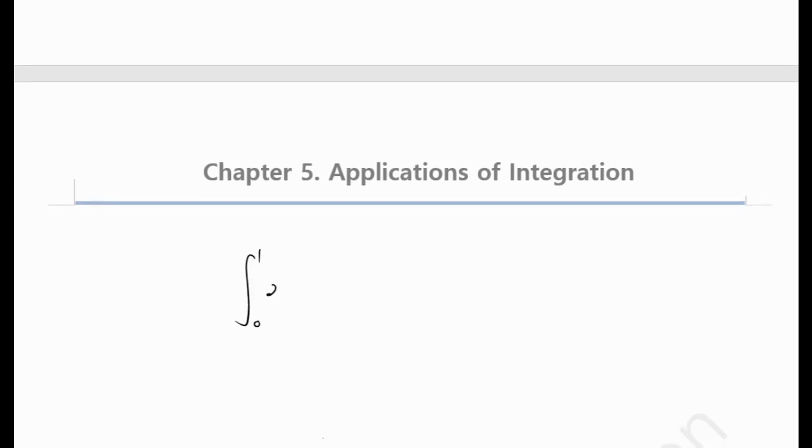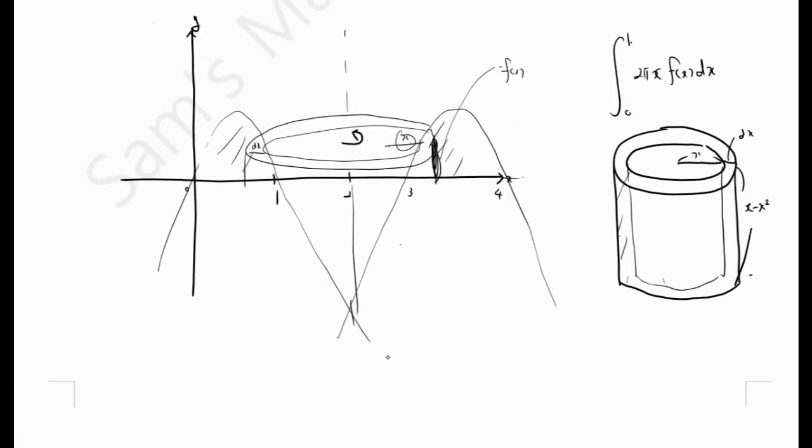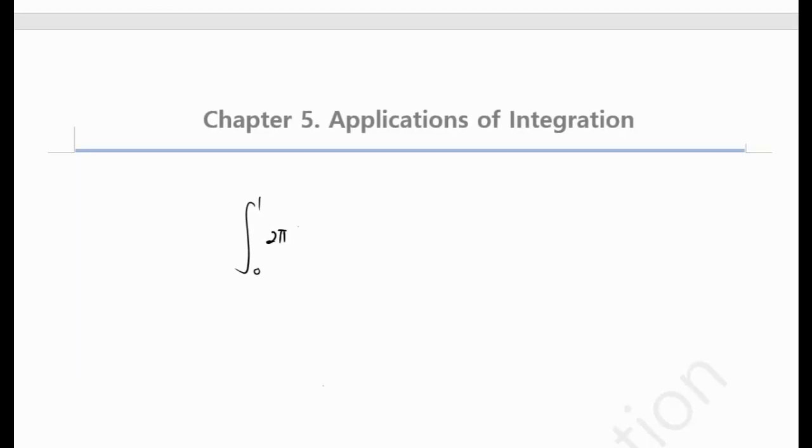So the result is the integral from 0 to 1 of 2 pi times, not x, this length d is 2 minus x. So d is 2 minus x, correct? So this is 2 pi times 2 minus x times x minus x squared dx.